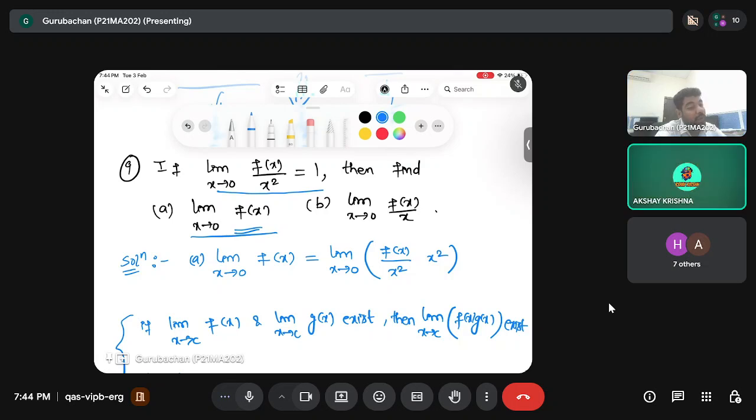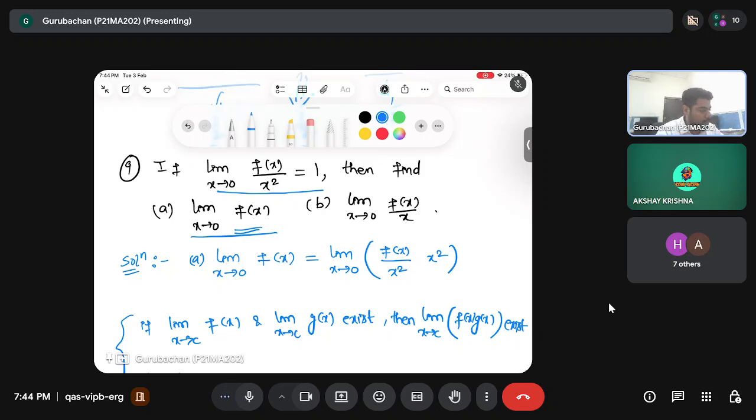Yes, sir. Why can we write like this? Because x square is cancelling out. No, how can you cancel out? That's my main point. Sir, because x is not equal to 0, it is only approaching it, it is near 0. So you can multiply and divide by any quantity which approaches 0.